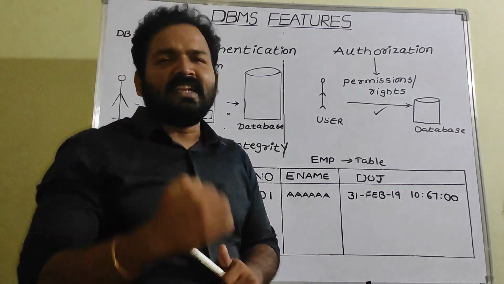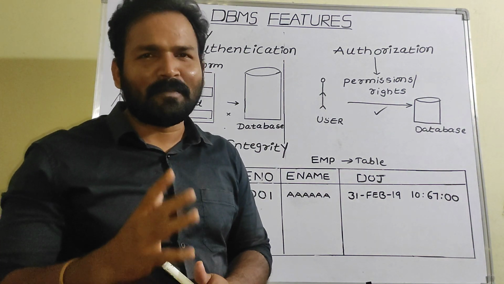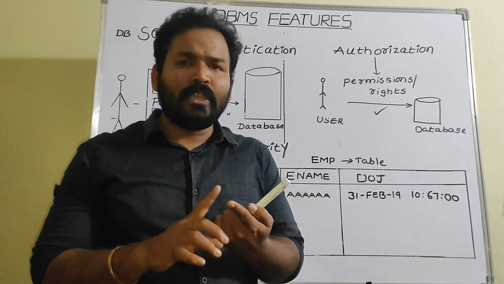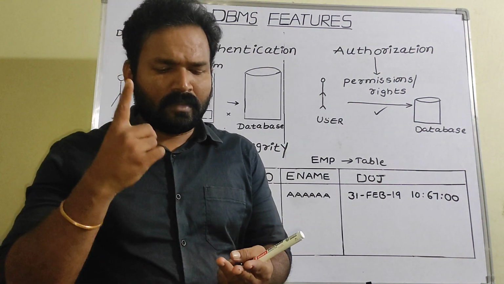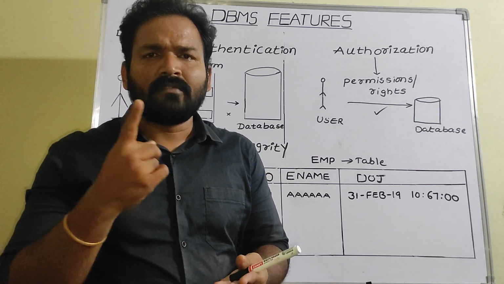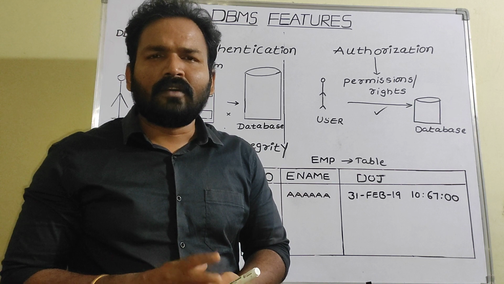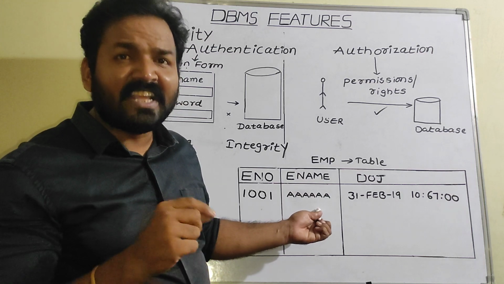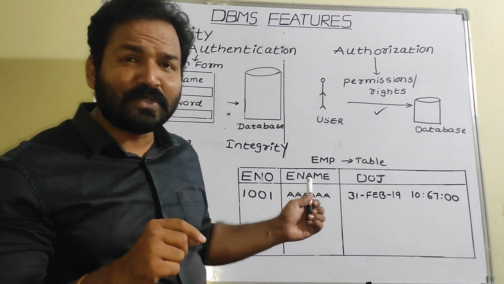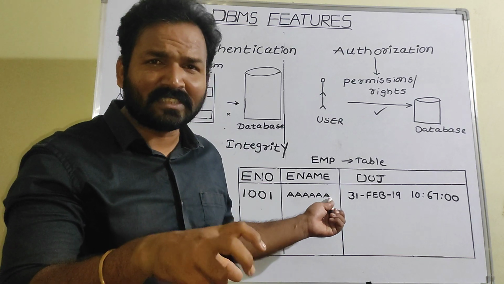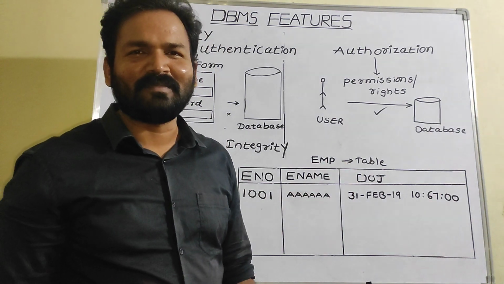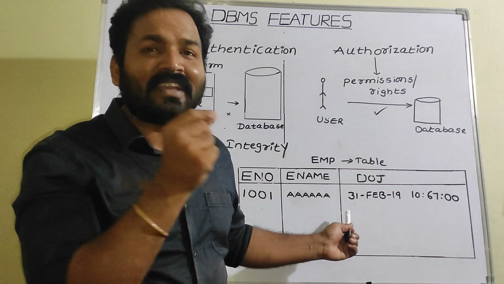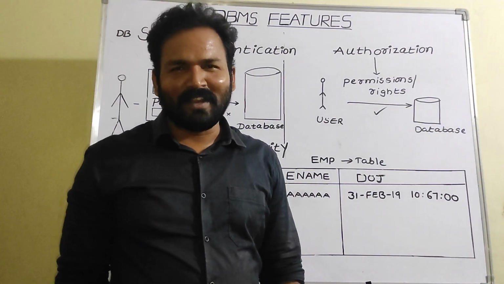What are constraints? We'll see in the next session with examples. Constraints are unique, not null, primary key, foreign key, check, default. Constraints are used to give conditions, validations or rules on the table, so that valid or meaningful data can be stored in the table.